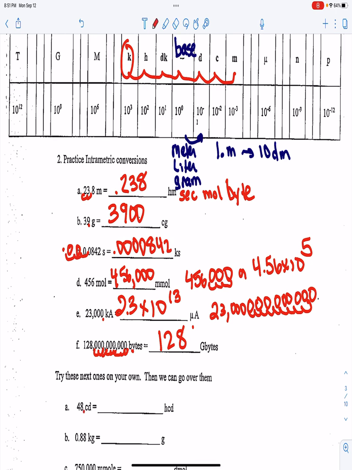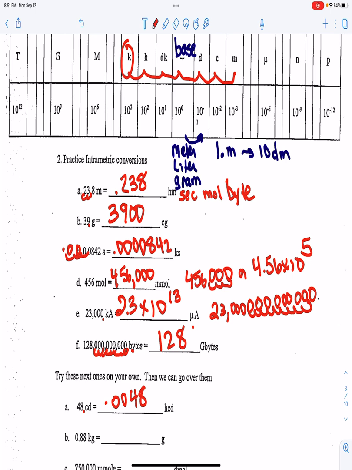So I'm going to go 1, 2, 3, 4. So I'm moving 4 places to the left. So it's going to be 0.0048.